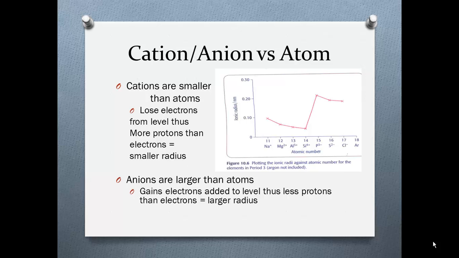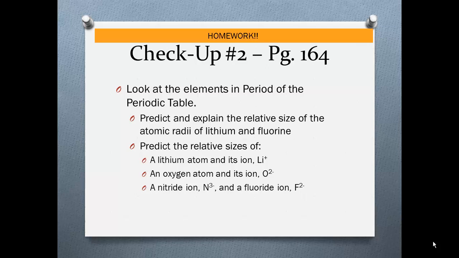You're adding to the energy level, and the protons become fewer than the electrons, therefore a larger radius. The electrons outweigh the protons, giving you a bigger radius, while for cations the protons outweigh the electrons, giving you a smaller radius compared to their atom.